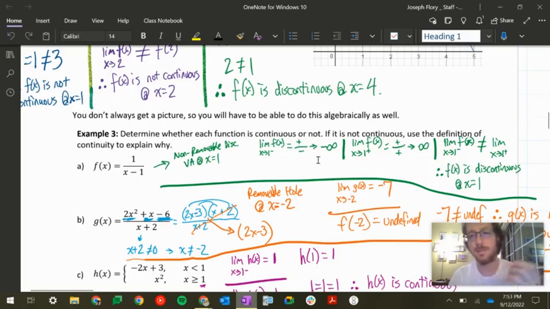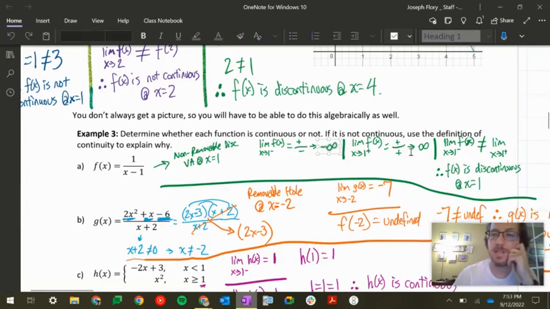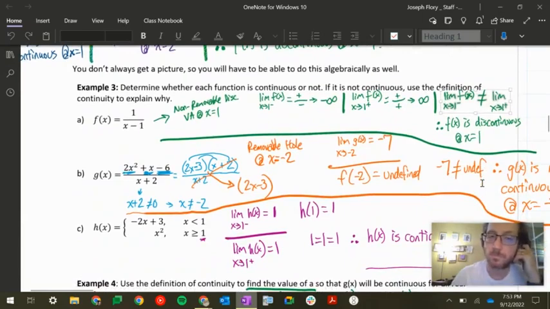We can use our signs, knowing that it's going to be either positive or negative infinity because it's a vertical asymptote. And we get left side is negative infinity, but the right side is positive infinity. It's not going to be defined at 1 anyway, so they are not equivalent. Therefore, it is discontinuous at x equals 1.